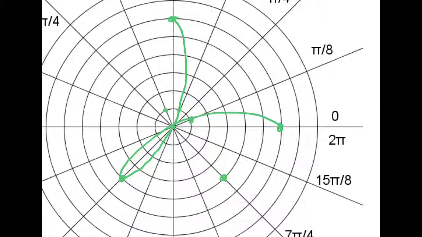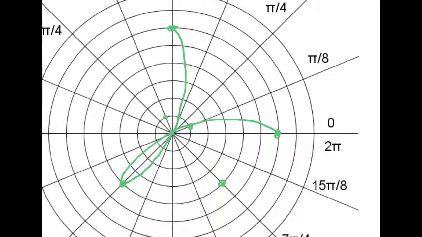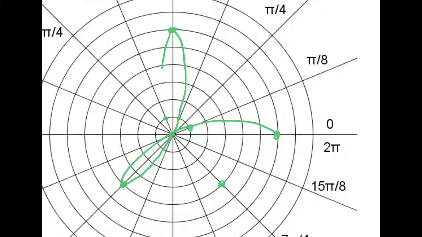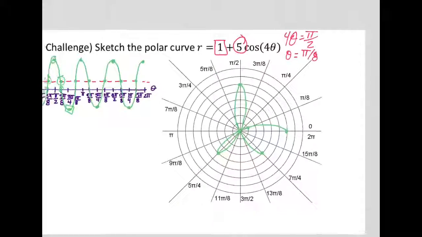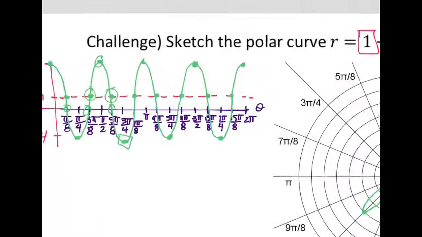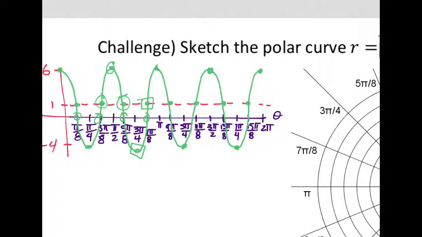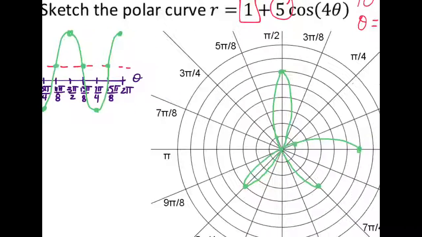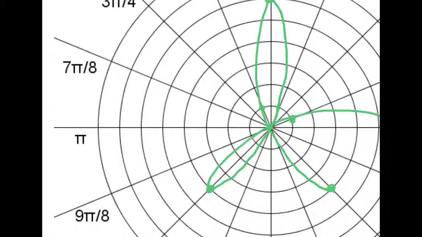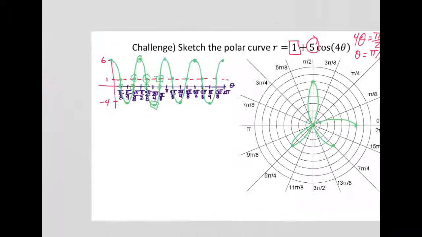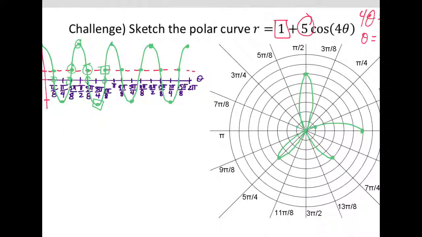It's kind of hard to do if you want to do it all in one smooth go, but it's kind of satisfying when you get it. There you go. Whew, okay, so there's another short petal. Then I'm going to cross the pole again and go back to another 1 at 7 pi over 8. So notice at each of these pi over 8 values, I'm getting a little 1 value there, which is kind of nice, good to know.